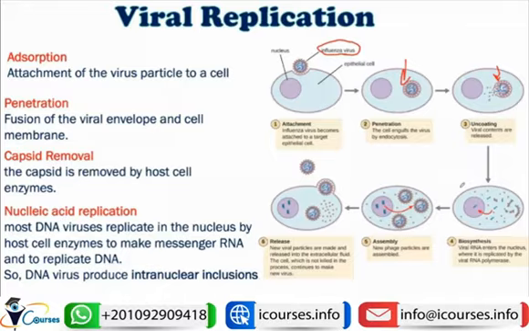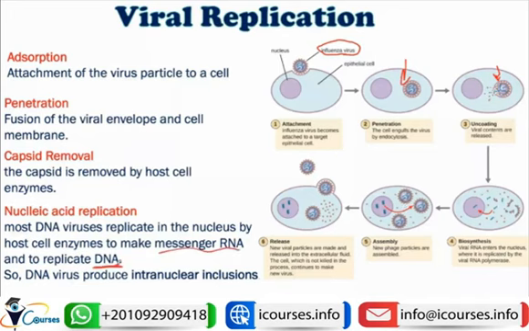If it is a DNA virus, then the virus will target the nucleus of the host cell and control the enzymes in order to make a messenger RNA for the virus. This messenger RNA will form the viral DNA.